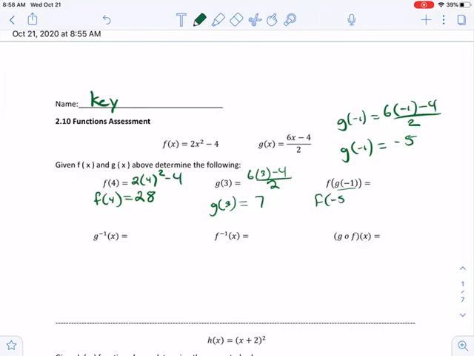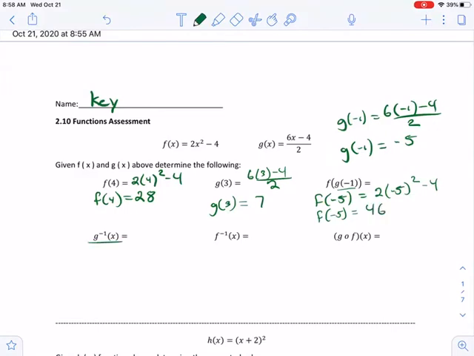Then I'm looking to figure out what f of -5 is. -5 squared is 25, so do the exponent first, times 2 is 50, minus 4, getting 46.